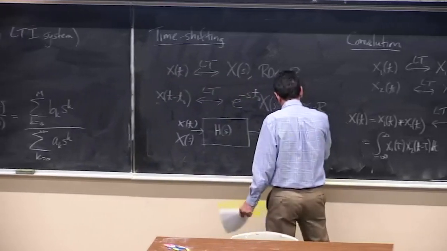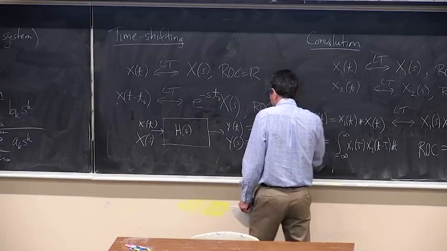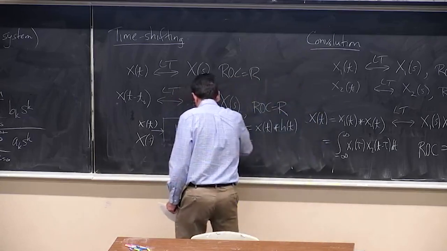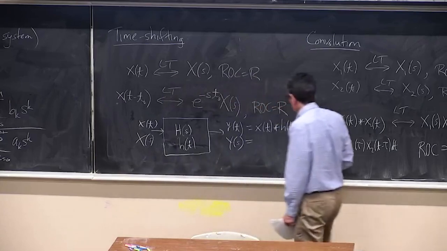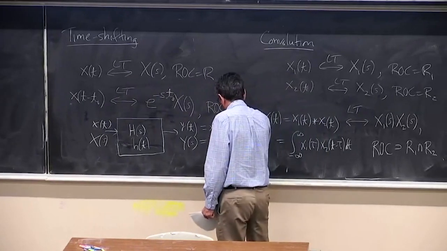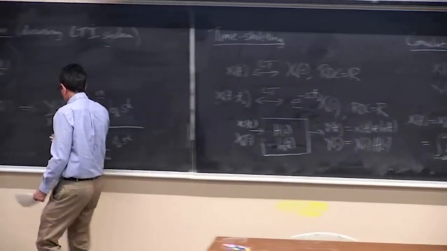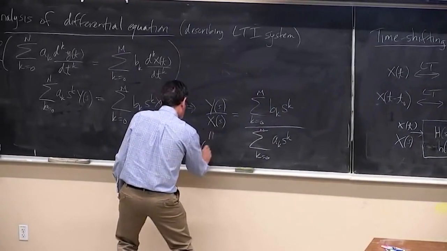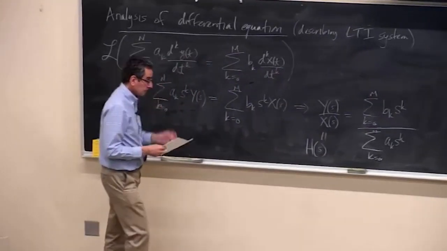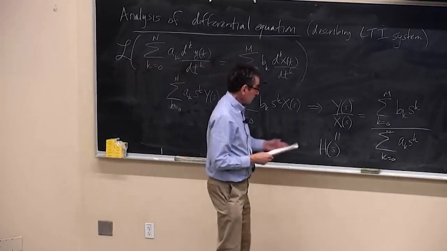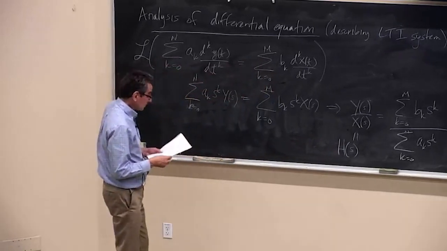Because of the convolution property, y(t) is the convolution of x(t) with the impulse response of this LTI system. That means Y(s) is going to be X(s) times H(s). And so what we've computed here is actually H(s). So we've figured out what the Laplace transform, the system function, is for that corresponding LTI system.